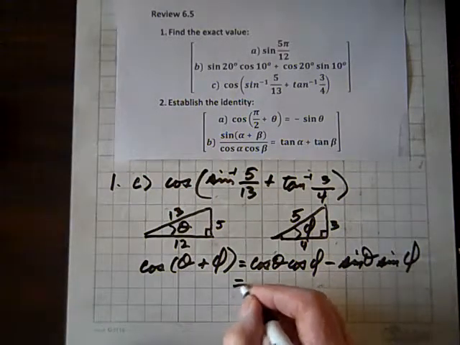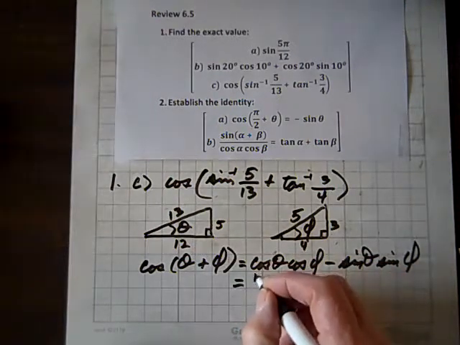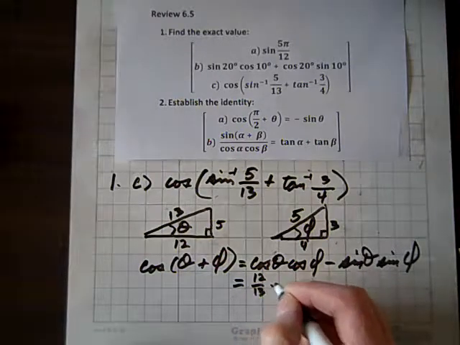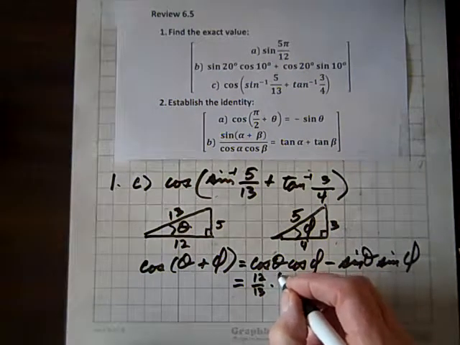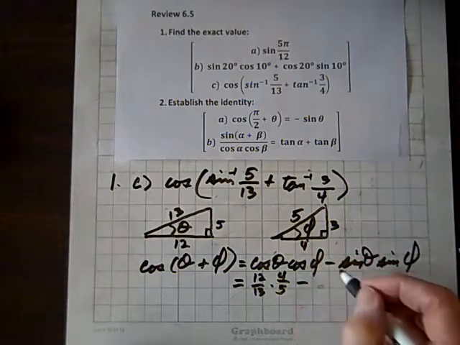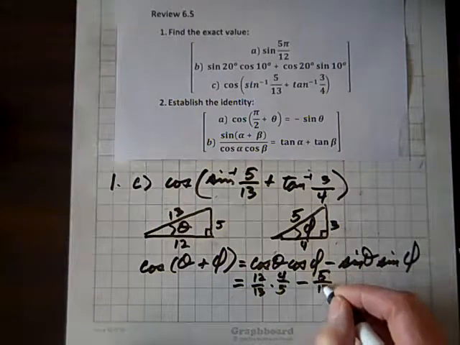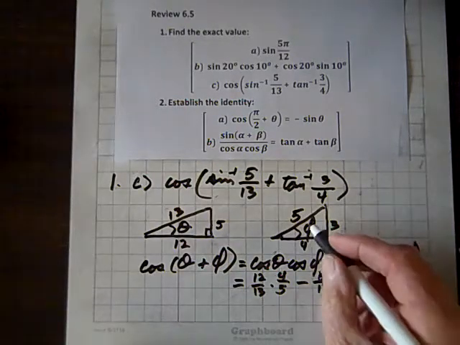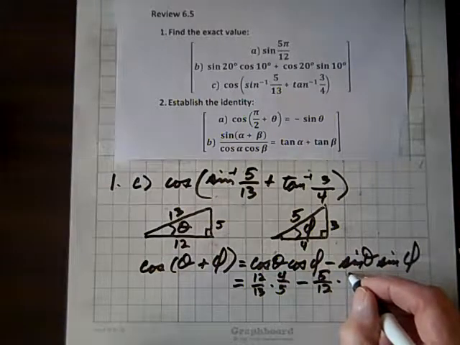Well, that equals the cosine of theta is 12 over 13. The cosine of phi is 4 over 5, and minus, and the sine of theta is 5 over 13, and the sine of phi is 3 over 5.